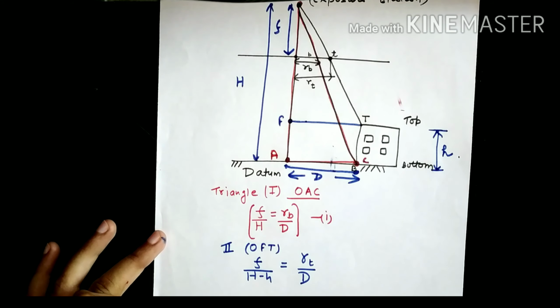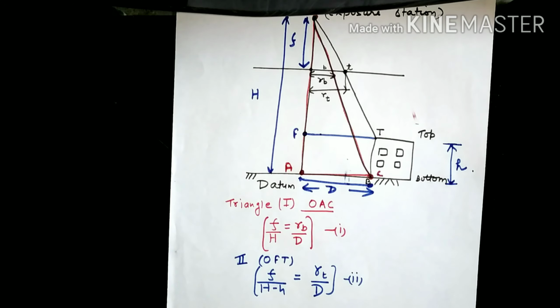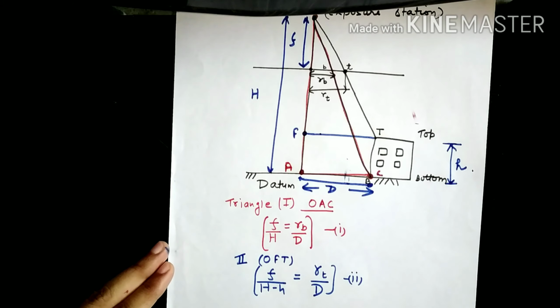Okay, RT upon D. This is the second equation. Then we have to equate both of the equations.